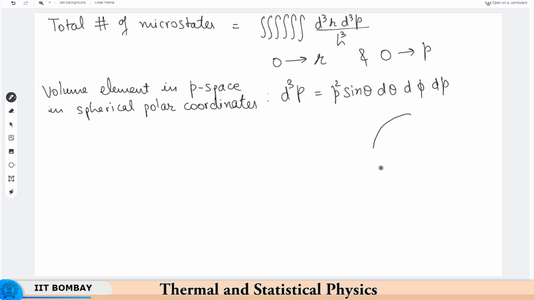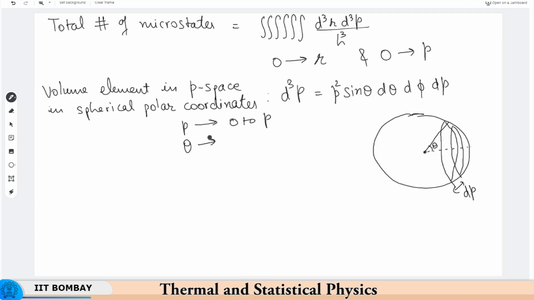And so, basically what we are doing is we have a sphere which is centered here, and we are dividing this space into, maybe I should do a better drawing, we are slicing it into a thin slice of thickness dp, right, and this is at a polar angle theta, and there is this complete ring which has an associated azimuthal angle which goes from 0 to 2 pi, right. So, here the p increment goes from 0 to p, theta goes from 0 to pi and phi goes from 0 to 2 pi.